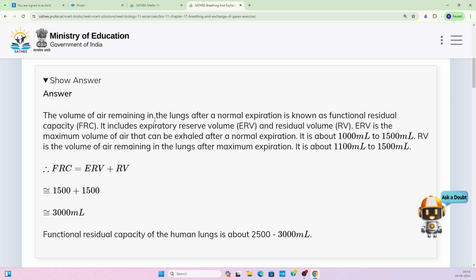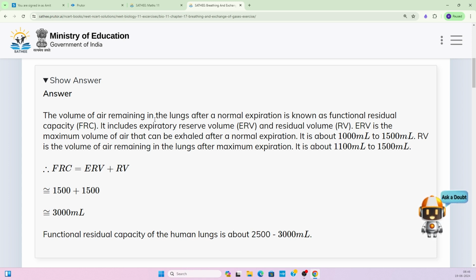Expiratory reserve volume, ERV, is the maximum volume of air that can be exhaled after the normal expiration, when we do normal inspiration and expiration. It is about 1000 ml to 1500 ml.